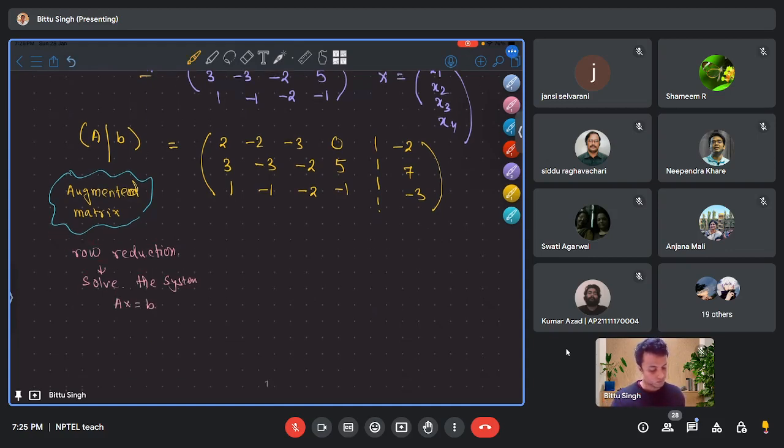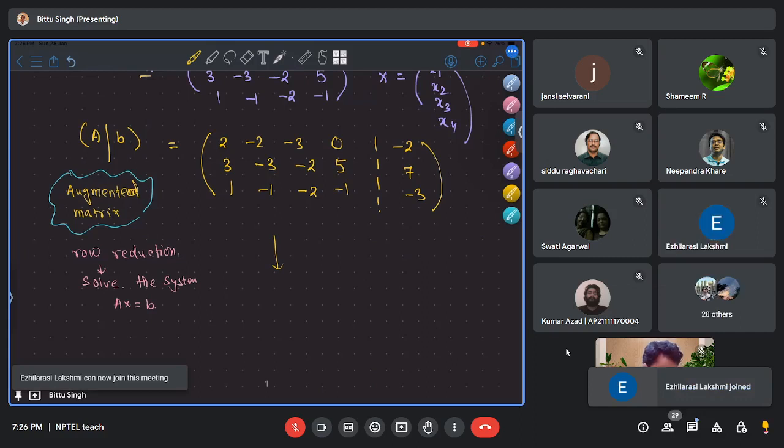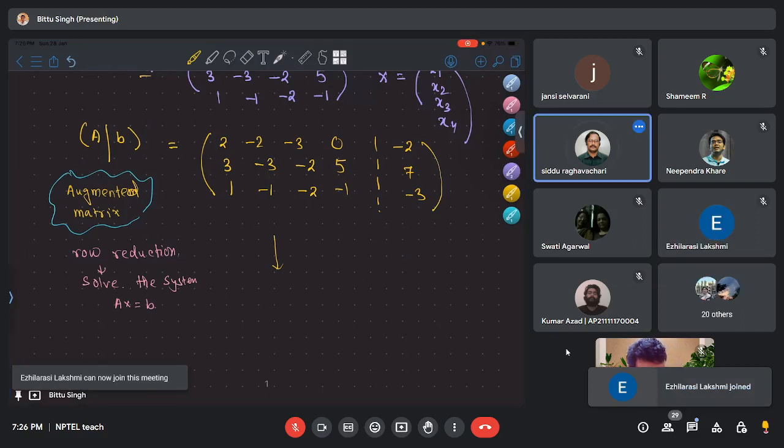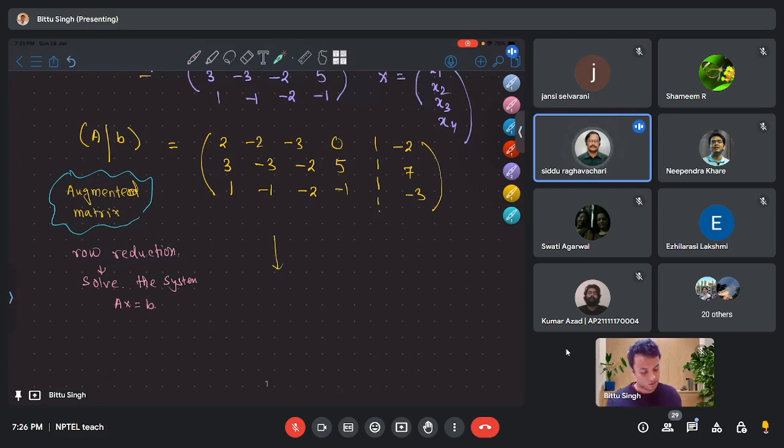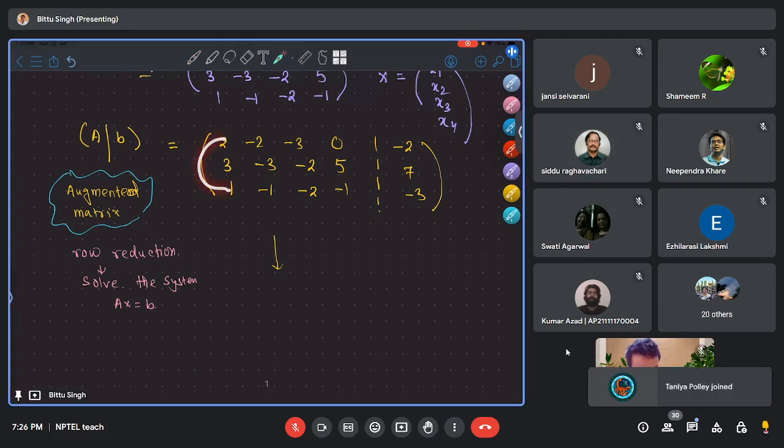So what are the steps of row reduction? Someone, please. The step 1 is to interchange R1 and R3. Okay, yes, you can interchange rows. Great.